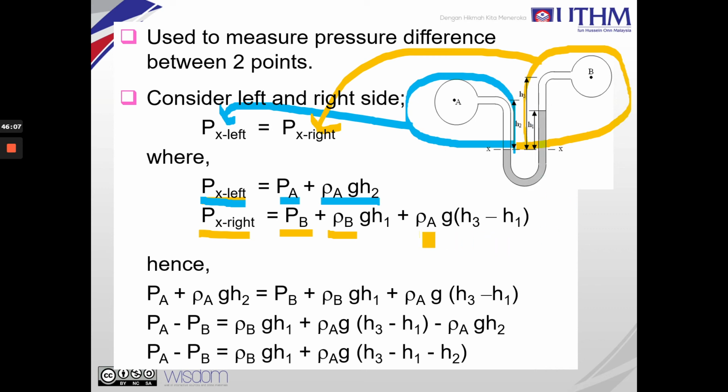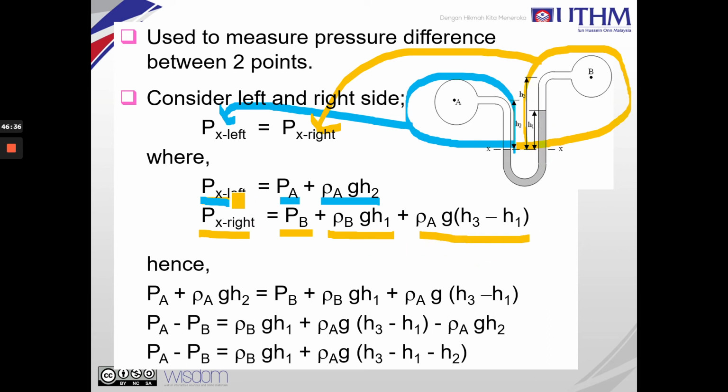The rho B g h1 term is the density of this different fluid, density of B. This is the same fluid as this one, so that's why we get density A times g times h3 minus h1.